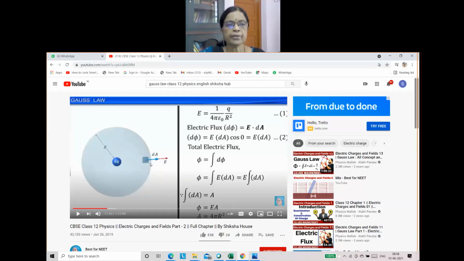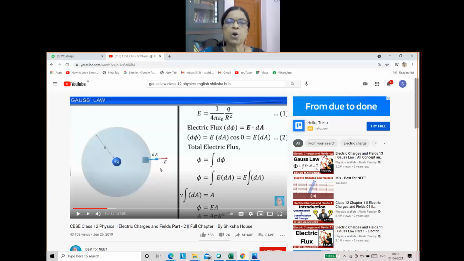So here you take an area, and the electric field will be same here. At all points the electric field is same because of this formula: if r is same, electric field is same. Understand? So here the sphere is the Gaussian surface.